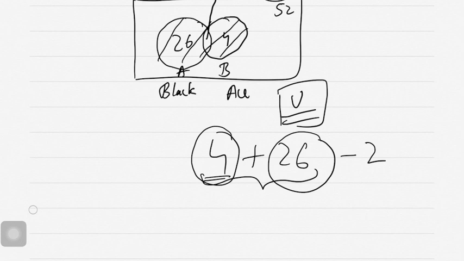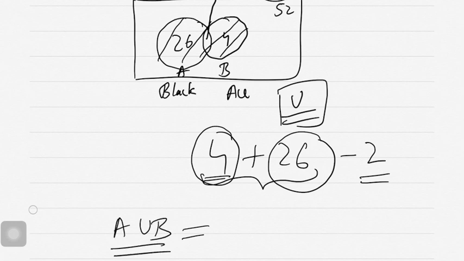So I will subtract that part. I am subtracting the common cards because I don't want anything to get repeated. So now the total number of cards for A union B would be 4 plus 26 minus 2, which is 28 cards.